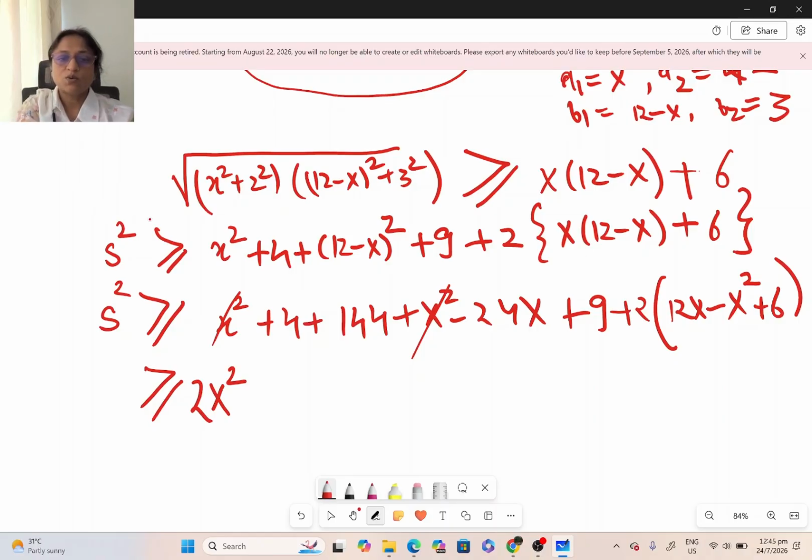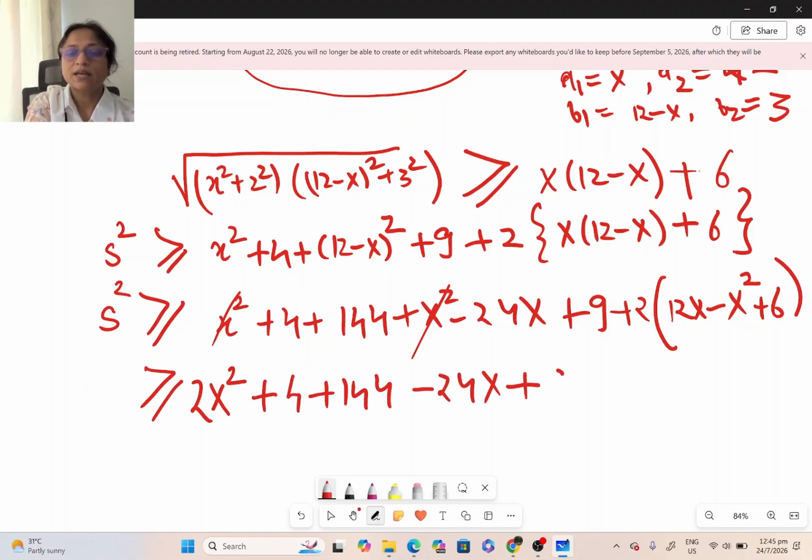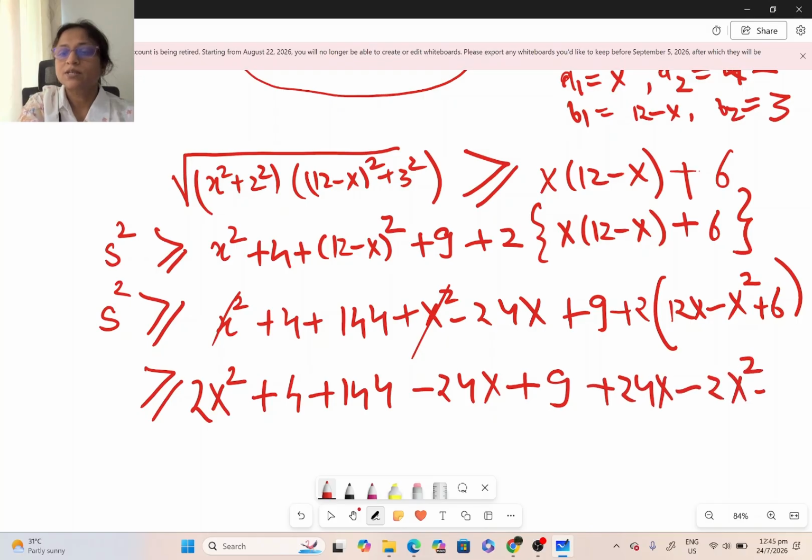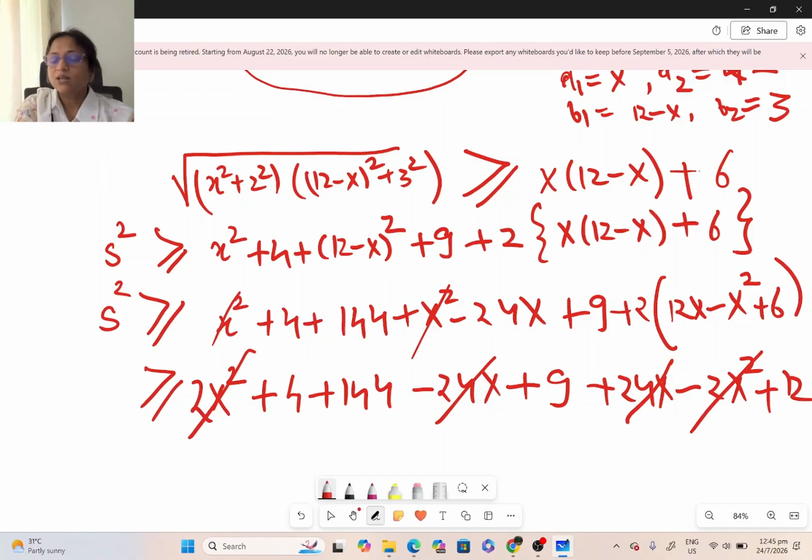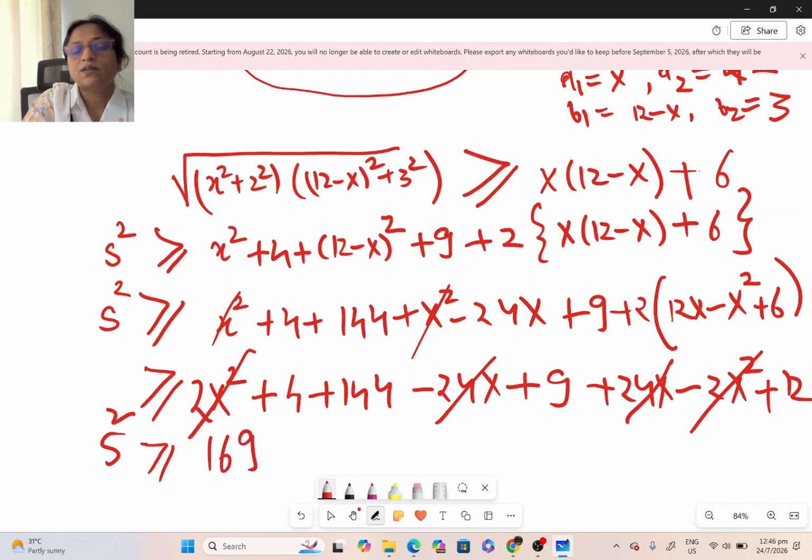Minus 24x, and this is 144. Let me leave it like that. So it's 4 + 144 − 24x + 9 + 24x − 2x² + 12. So see, the −2x² cancel. The −24x and +24x cancel. Now you just have to calculate all this, right? So this becomes what? 12 plus 9 is 21. 21 plus 4 is 25. So 144 plus 25 is 169. So S² has to be greater than or equal to 169.